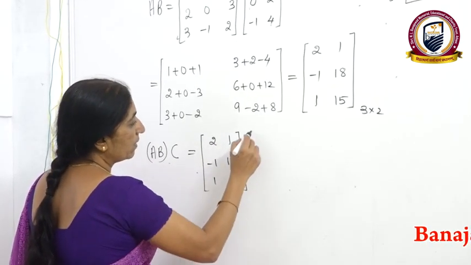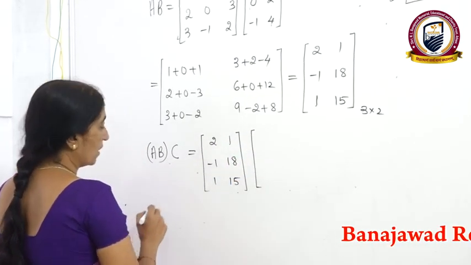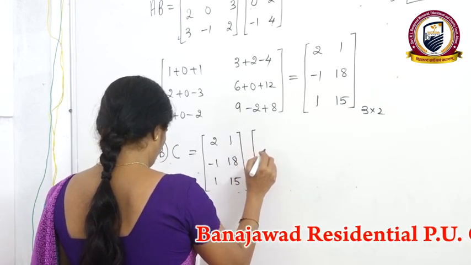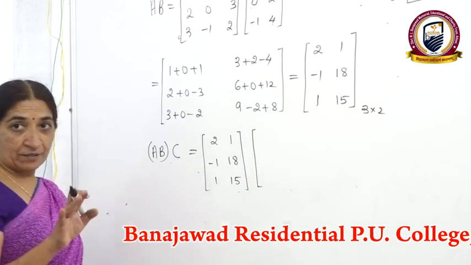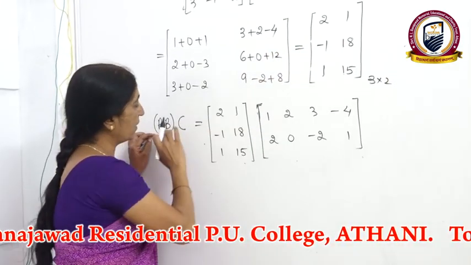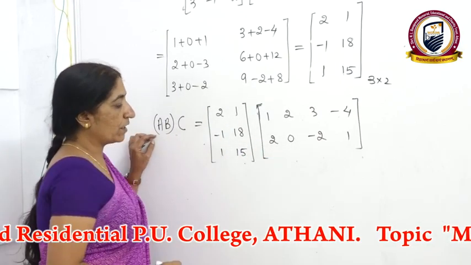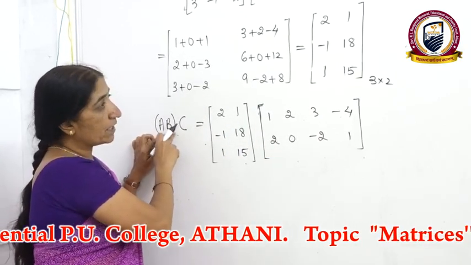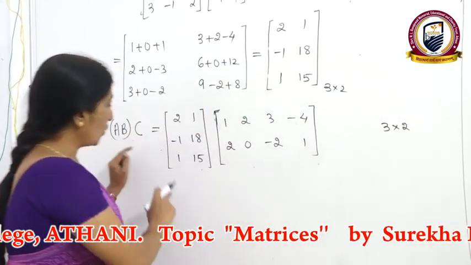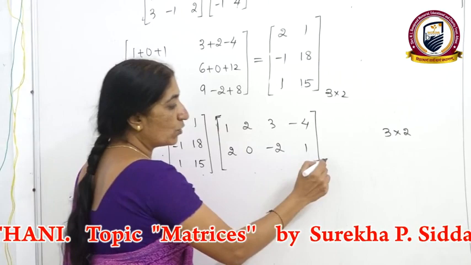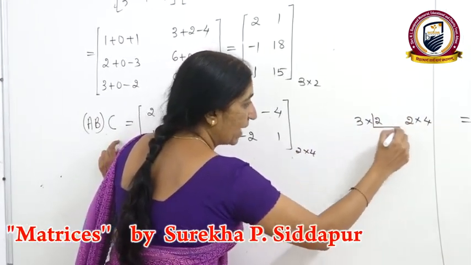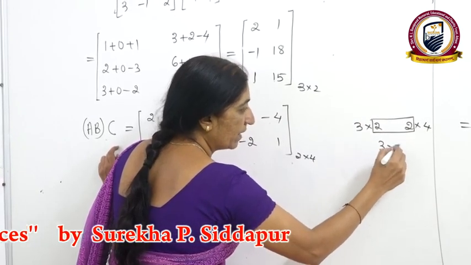And write down the matrix C. AB into C. AB we calculated and C is given in the problem. I wrote here. And see what order the matrix AB has. AB has order 3 by 2. And what is the matrix C? It has the order 2 by 4. That means finally we have to get the order 3 by 4.